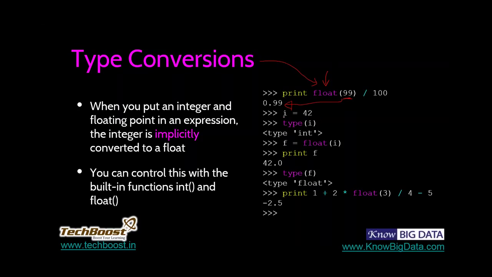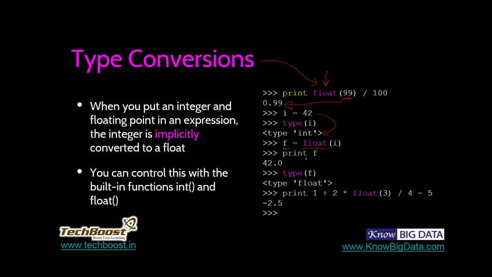So let's see, i is 42. We see the type of i. Since it is an integer, we get the type of i as integer. Now we try to convert i, which was an integer, to float using the type conversion function called float, and f is the variable holding the new one.